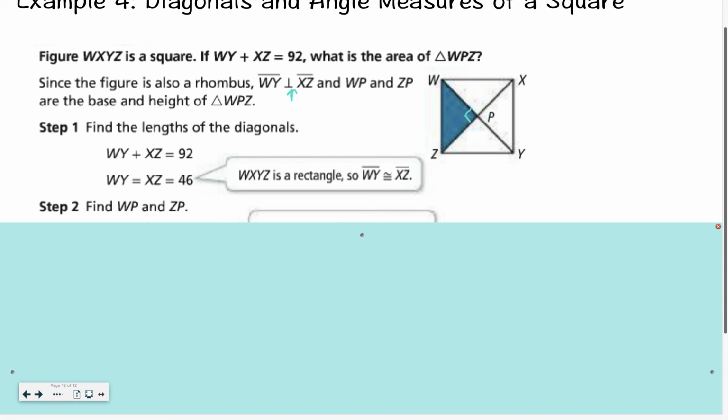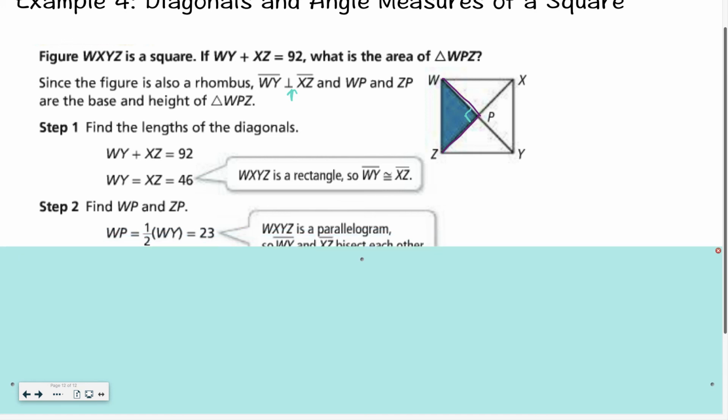Then, once I've done that, I want to figure out what the measure of WP and ZP is. I want to figure out what the lengths of these 2 sides are, because then I can find the area. So I know that WP is going to be half of WY. Remember, we learned parallelograms. The diagonals are cut in half, they're bisected. So half of 46 is 23.